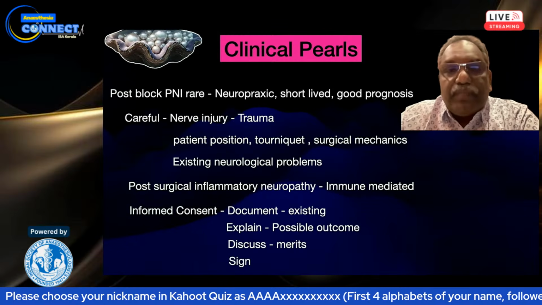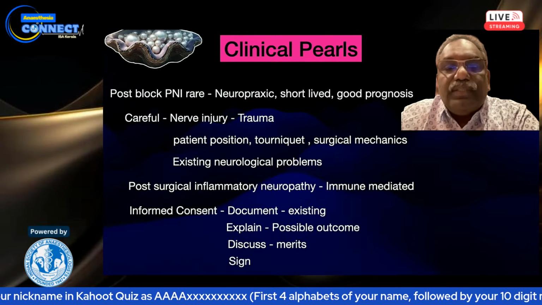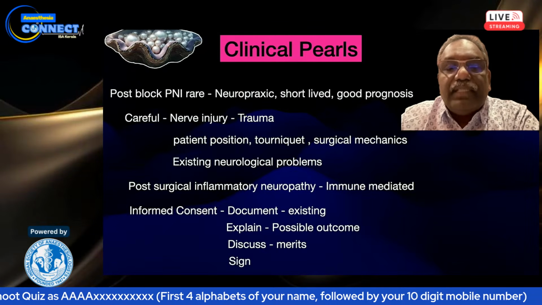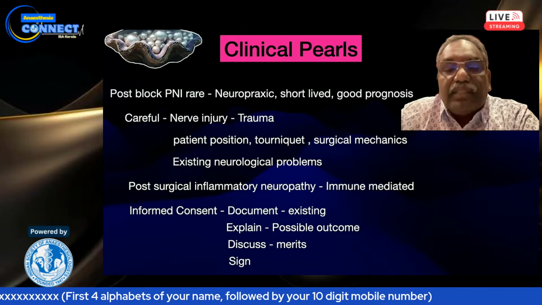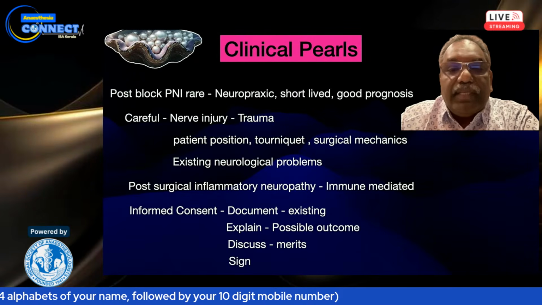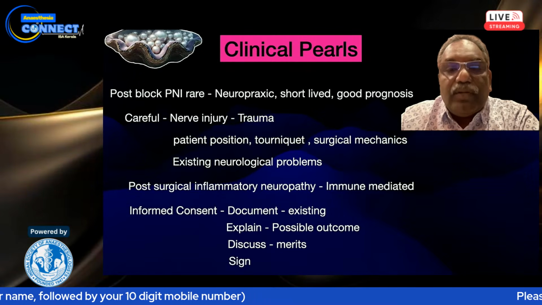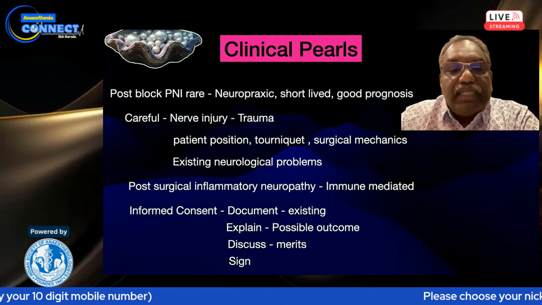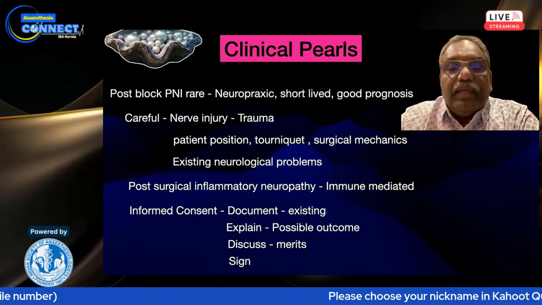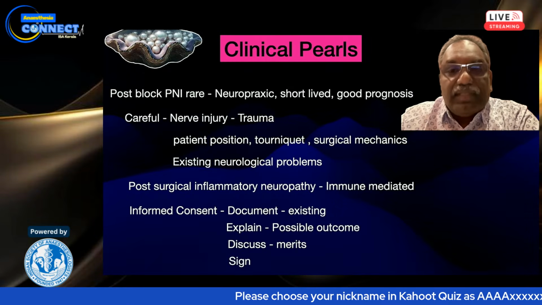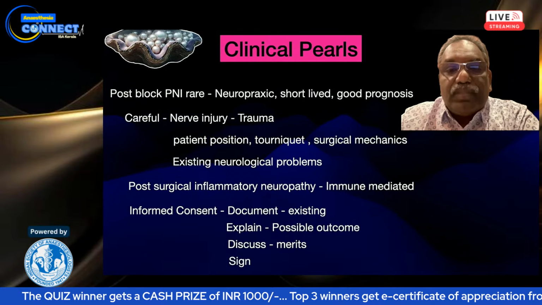And of course the pre-existing conditions, whether metabolic, neurological or vascular, what we call the neural health of the patient: diabetic and other neuropathies. You have to document, and discuss the possible outcome with the patient and caregivers about these conditions, including the possibility of nerve damage.